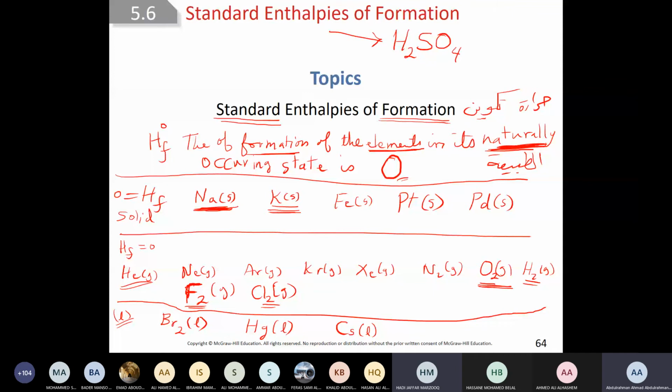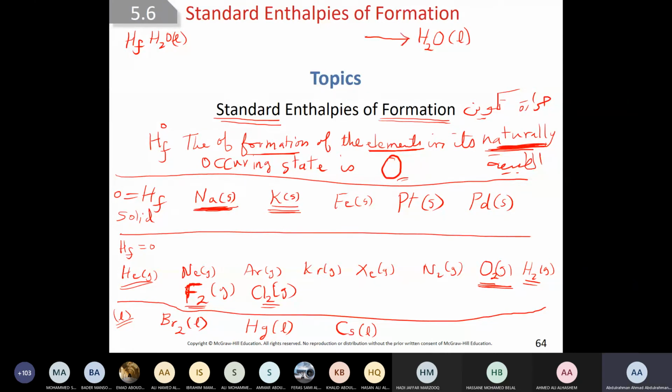Let me give you a simpler one first. I want to define the heat of formation. The heat of formation of H2O liquid, for example, is the heat required to make liquid H2O from naturally occurring elements.